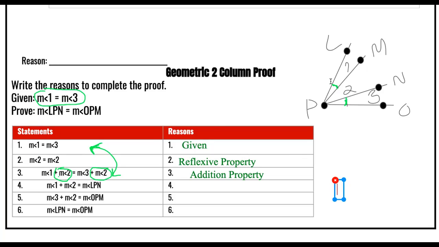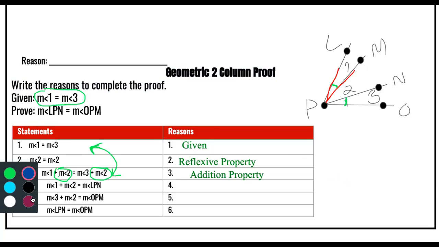Angle 1 is right here, it's labeled. Angle 1 is this slice of the pie. And then angle 2 is labeled as well. It's the very next piece. So you see red and blue right beside each other, that's 1 and 2. It says those two add to equal LPN.